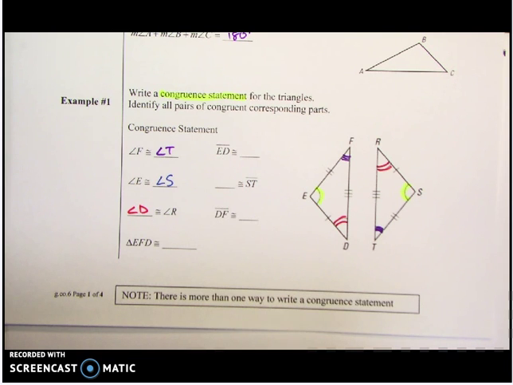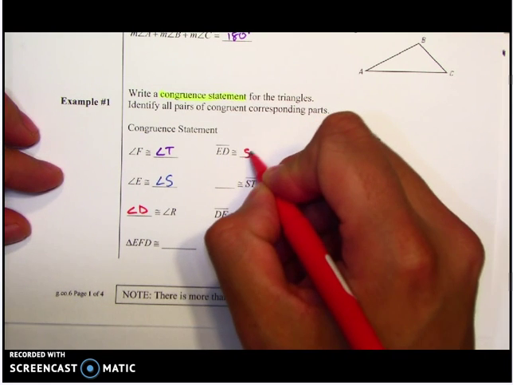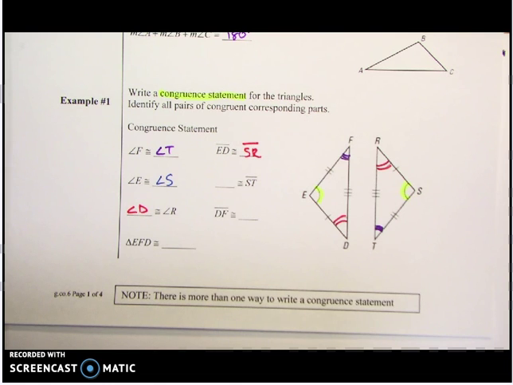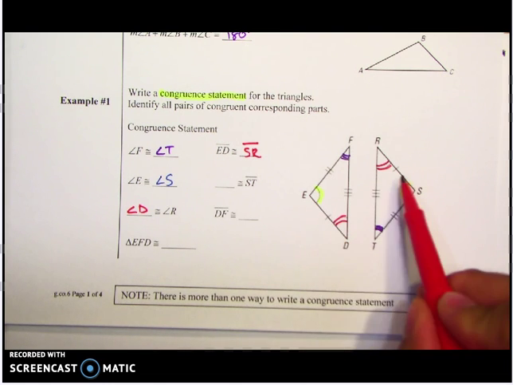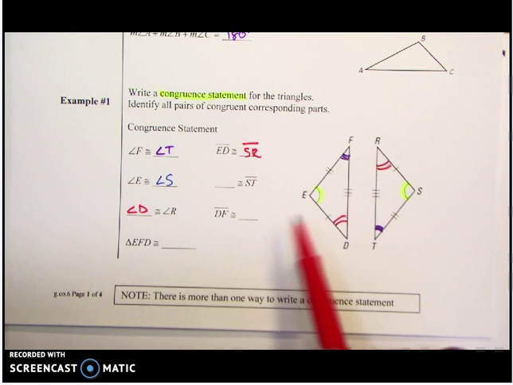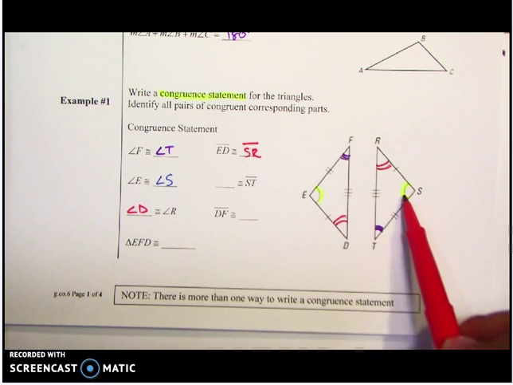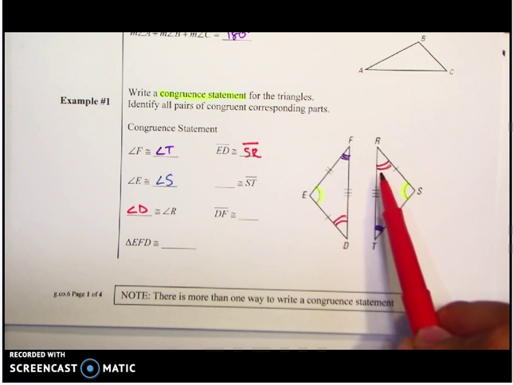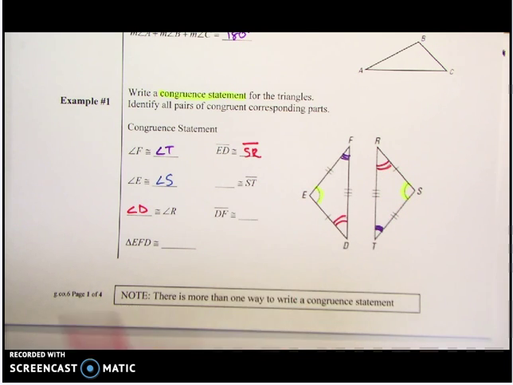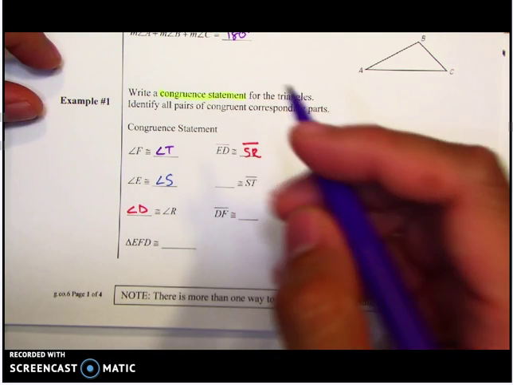Segment ED is congruent to what? Segment SR. Again, you can tell: you have one line here, one line here, and you start correctly because you have 1 tick mark followed by 2 tick marks, and here you have 1 tick mark followed by 2 tick marks. What about segment ST? Segment ST is congruent to what? It should be congruent to segment EF.